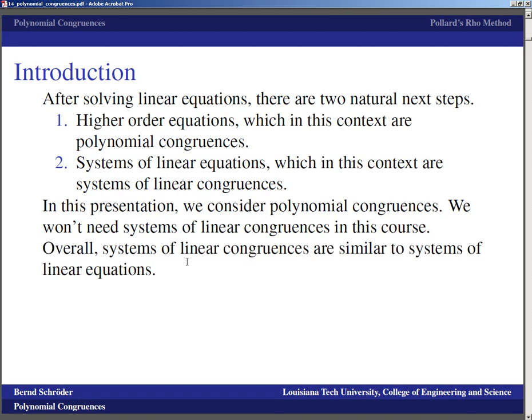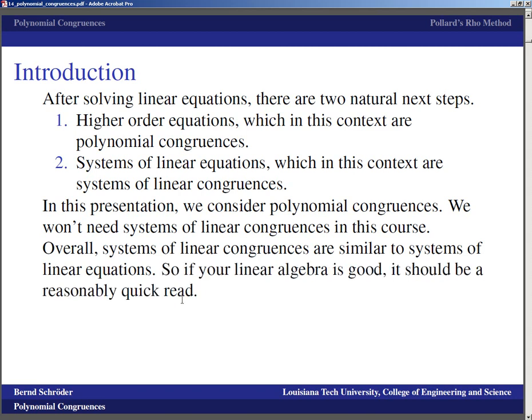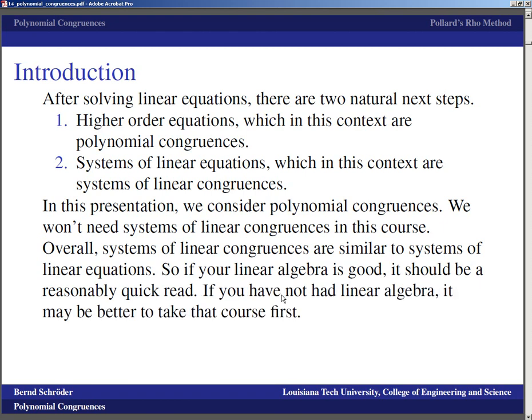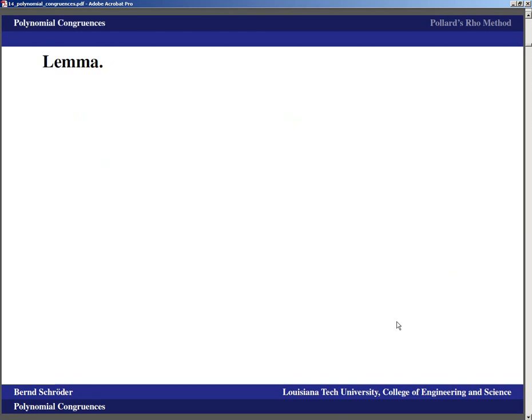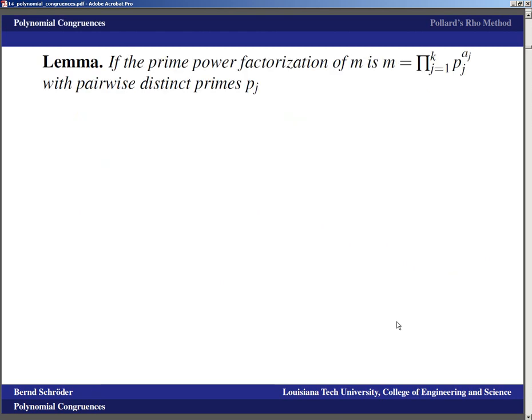And overall, from my admittedly not very expert perspective, systems of linear congruences are similar to systems of linear equations, which means that if your linear algebra is good, it should be a reasonably quick read. And if you had not had linear algebra, it may be better to first take that course. So let's take a look at polynomial congruences.